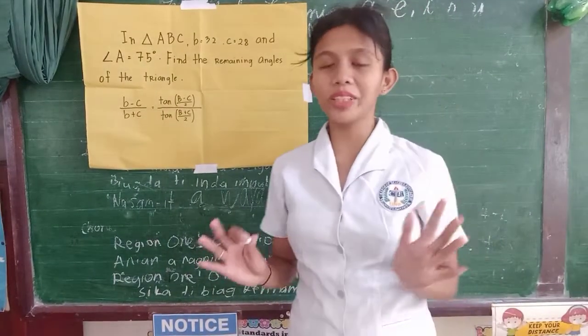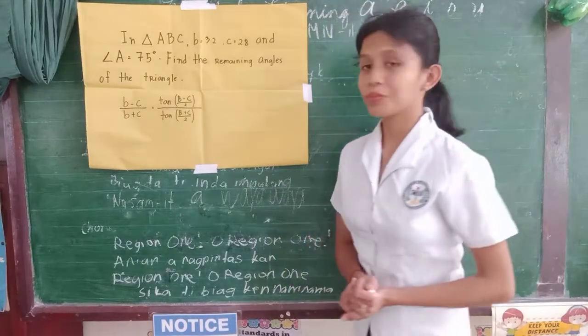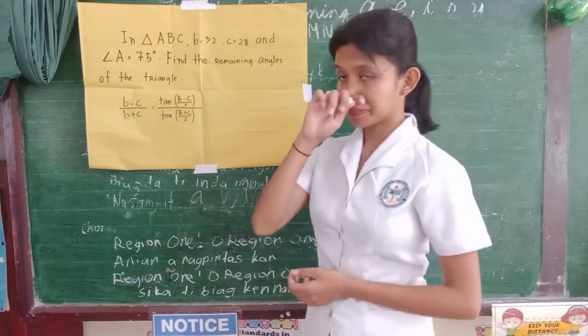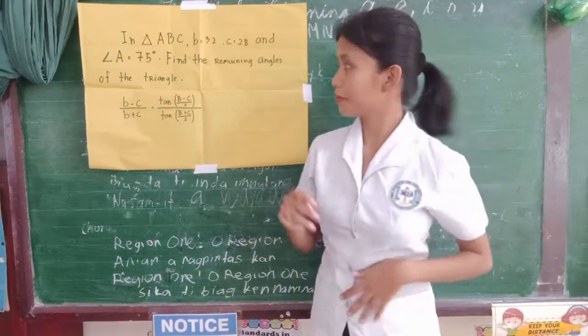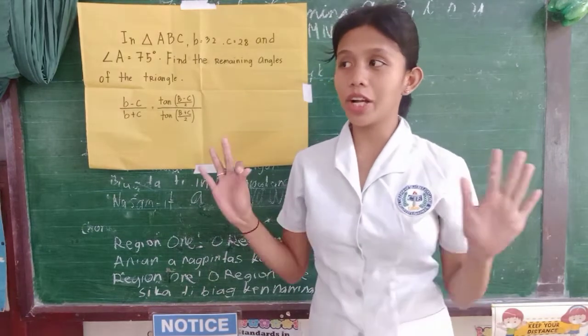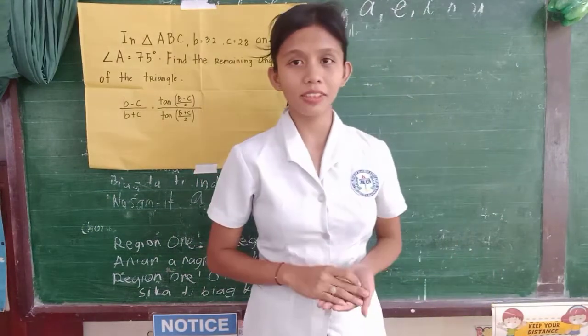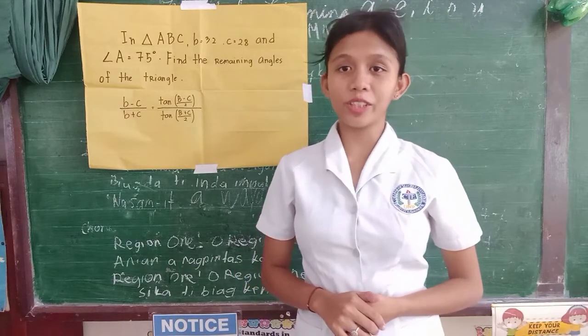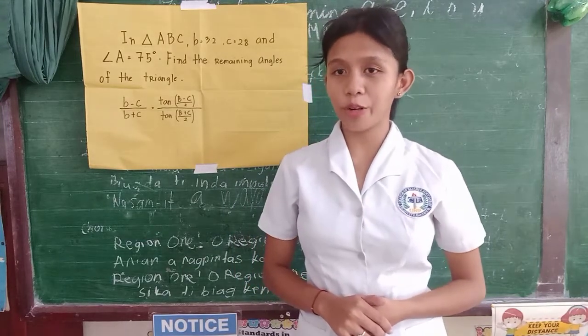So, time is up. Now let us answer the problem. Who can give me the final answer? Anyone? Yes, Kali. Let's try to answer to find out if your answers are correct.